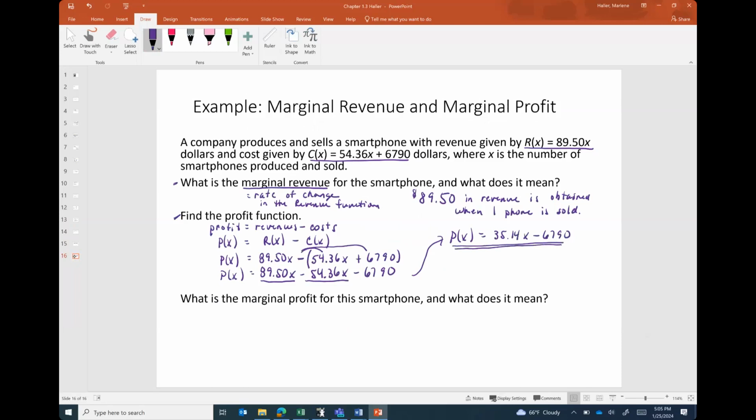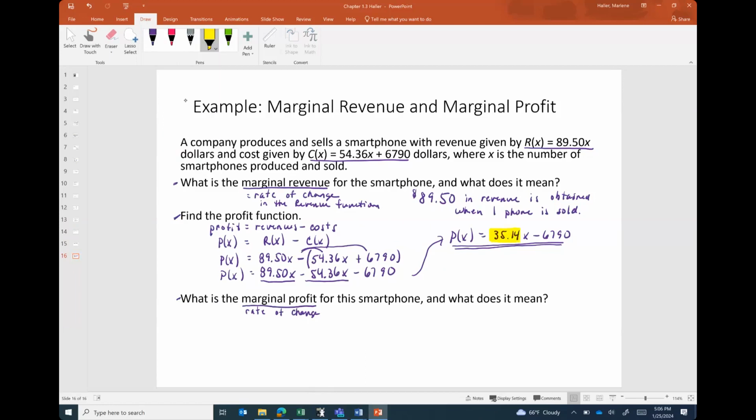Now the last question says, what is the marginal profit for the smartphone and what does it mean? Remember that marginal profit is the profit from selling one more smartphone, or we can also think about that as the rate of change in profit. If we look at our profit function that we just made, it is written in slope-intercept form, right? P of x equals mx plus b.